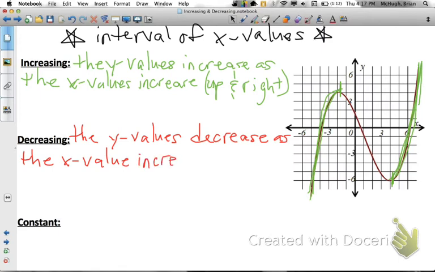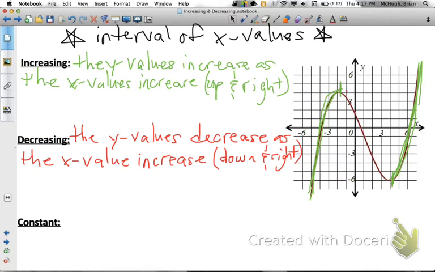Notice the x values are always increasing because we're always going to the right. This looks like down and right. Decreasing is like negative slope, whereas increasing is like positive slope. Up and to the right is increasing, positive slope. Down and to the right is decreasing, or negative slope.